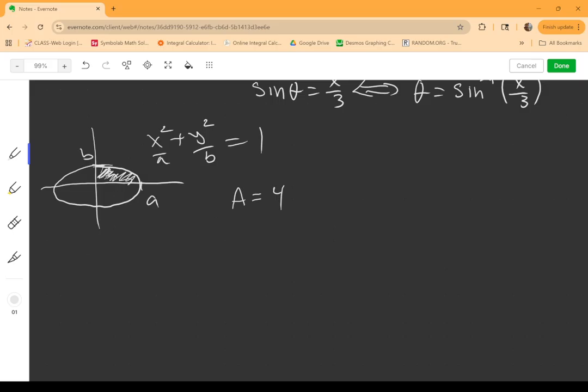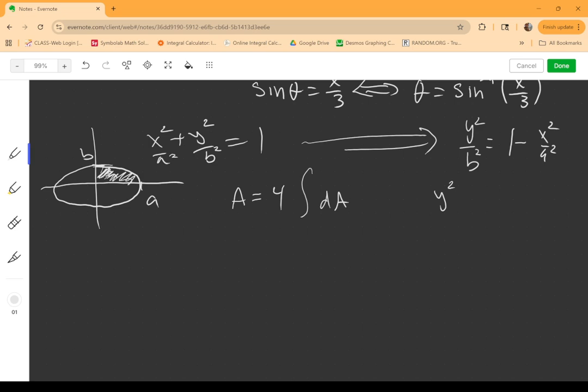So now in order to find that integral, I need to have some function in terms of y, so I want to find my dA. But in order to find that first, I need to find a function. This is not a function yet, it's a relation, so I just need to do some algebra here. I'll solve for y. We get y squared over b squared is equal to 1 minus x squared over a squared.